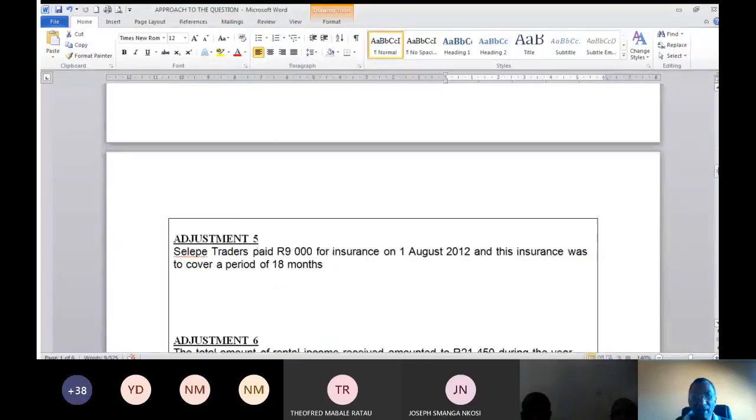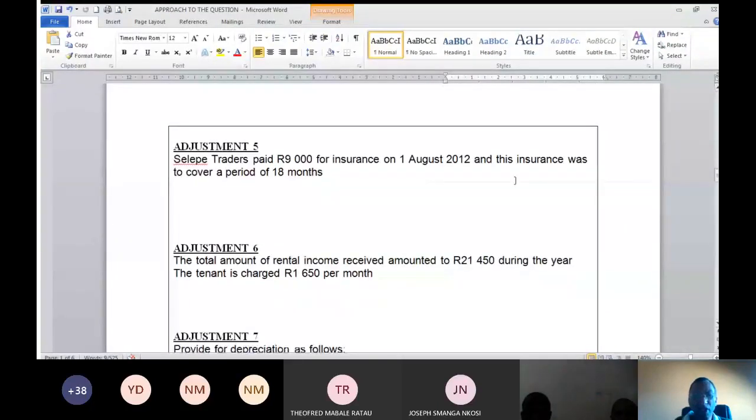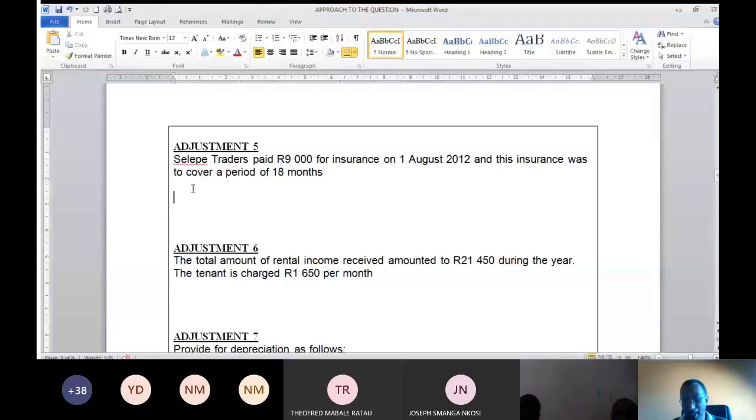Right, guys, remember your approach is now, you first work through all your adjustments, see what adjustment you are dealing with, and bring about the changes now in your trial balance. I'm on to adjustment number 5. Adjustment number 5 tells you that Felipe traders paid 9,000 rand for insurance on the 1st of August. And this was for a period of 18 months.